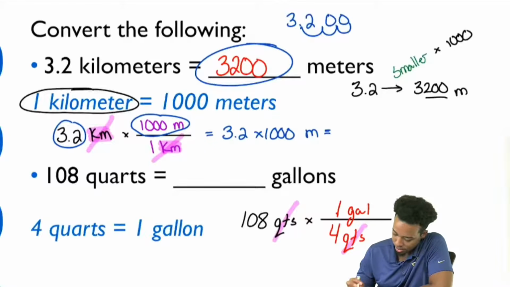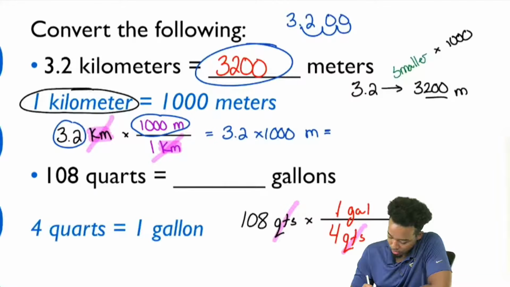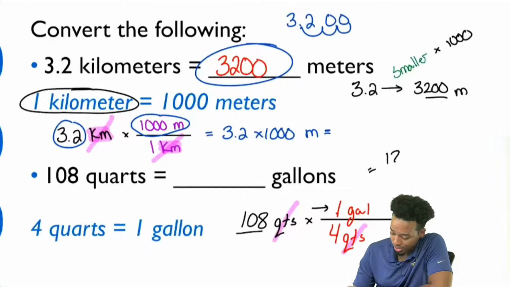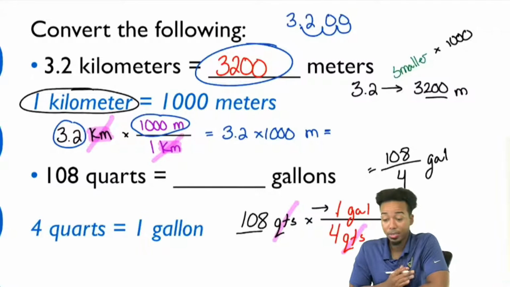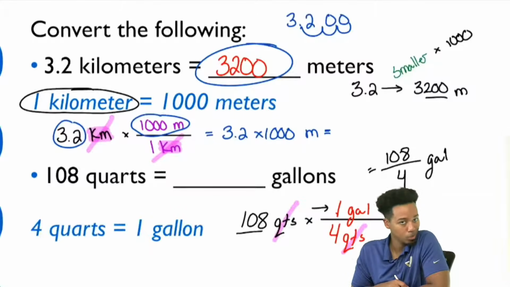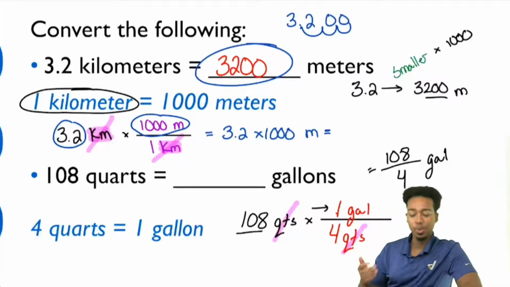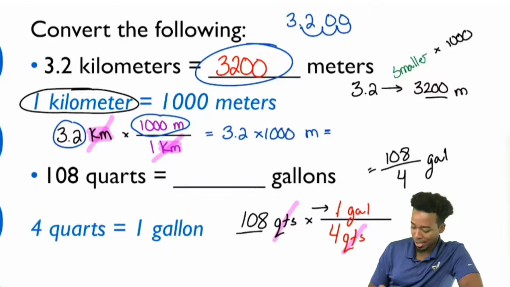And with that said, we will have 108 times 1, which is going to be 108. And then divide that by 4. And that's how many gallons you'll have. And so then 108 divided by 4 gives us 27. And we can learn that it's 27 through some long division if we needed to.